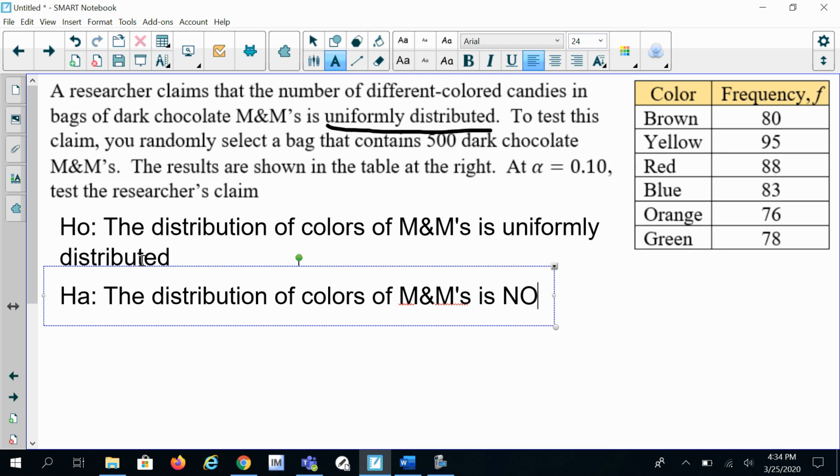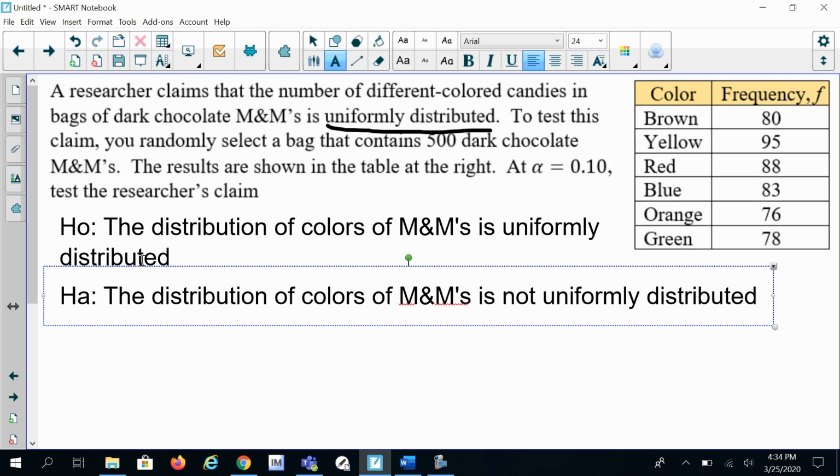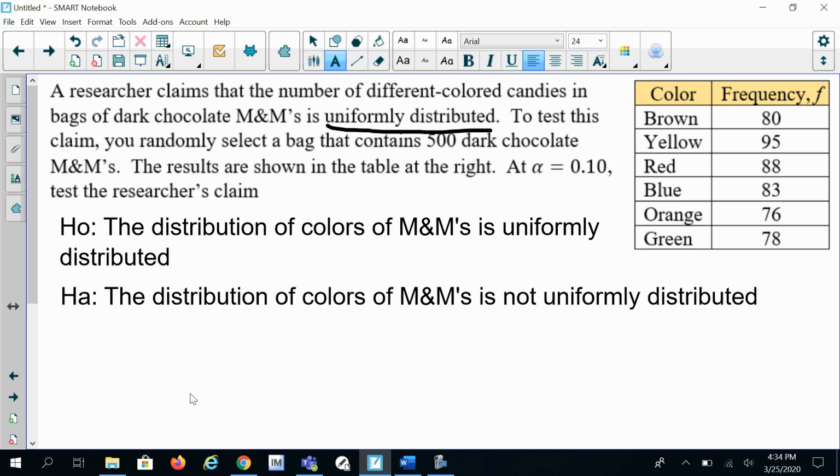That's the key difference. So anytime you're talking about uniformly distributed, like I've underlined, H0 as always, assume that they're the same percentage of each color. HA, let's try and prove that it's different than that. All right, so there's H0, HA.